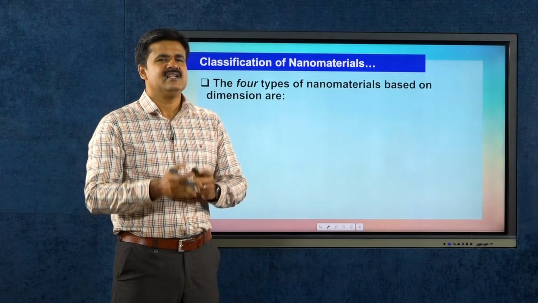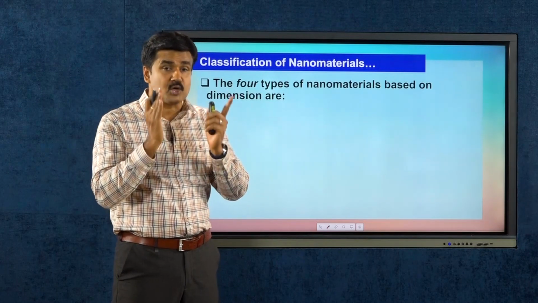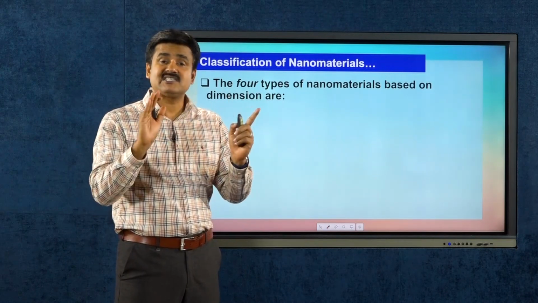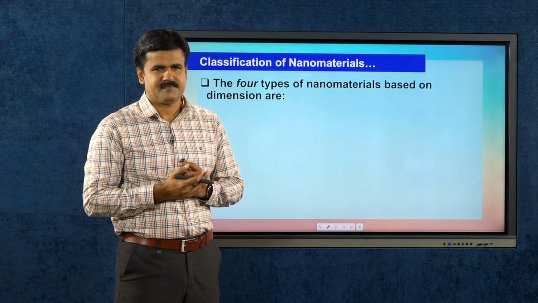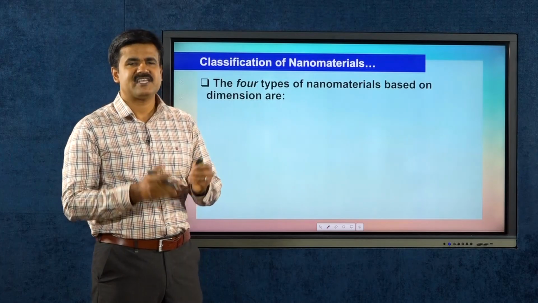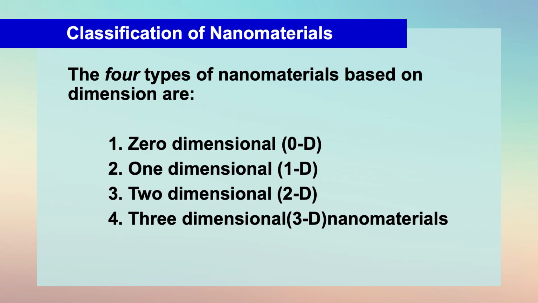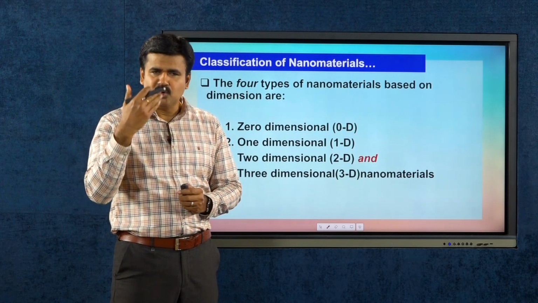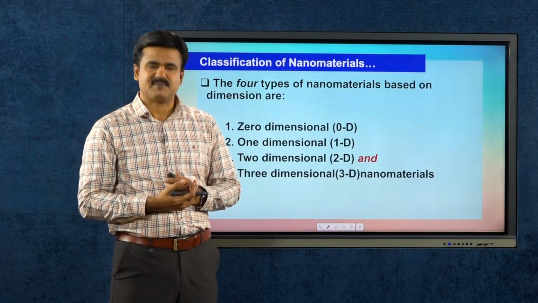Strictly speaking, the classification is based on the number of dimensions which are not confined to the nano range. So, the 4 types are: first, zero-dimensional nanomaterial; second, one-dimensional; two-dimensional; and finally, three-dimensional nanostructures. We can enter into more details of each of these.